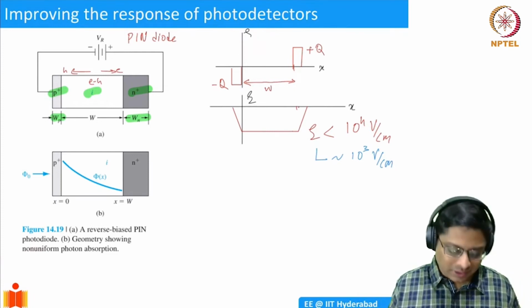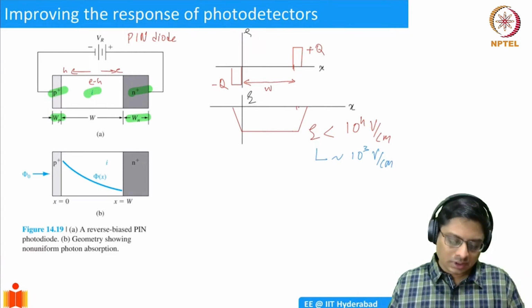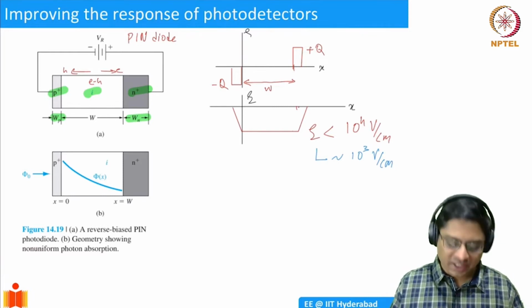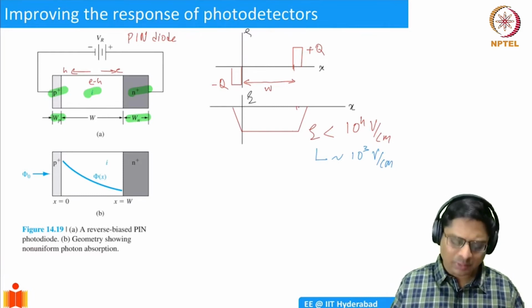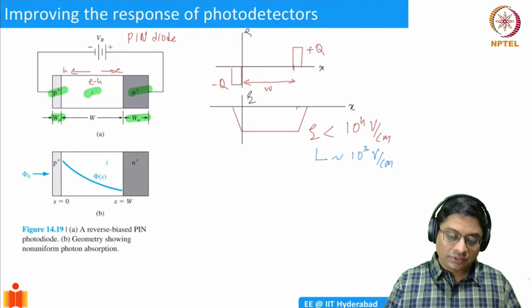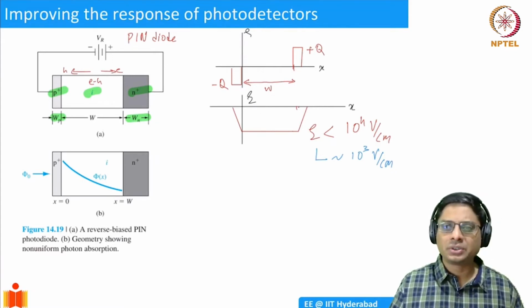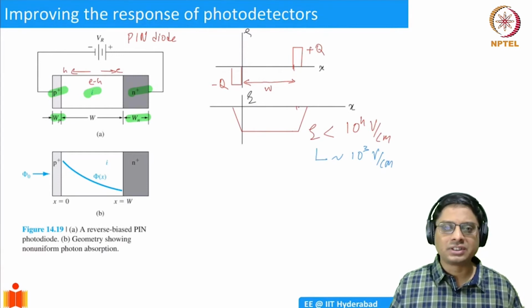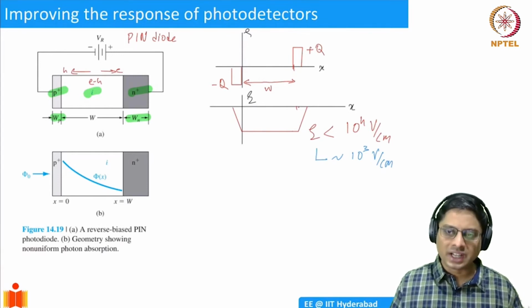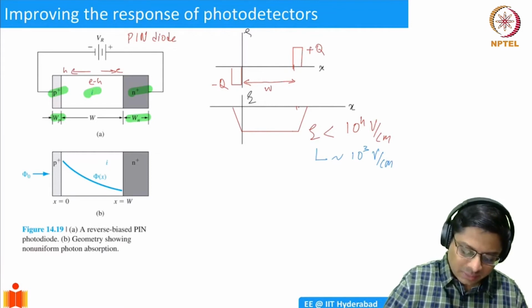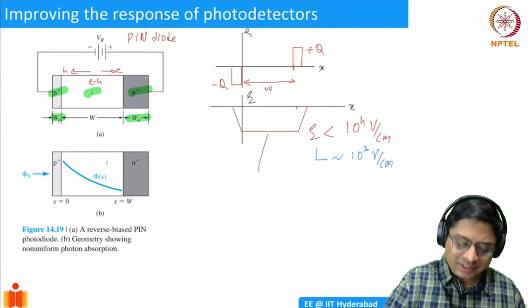So that is one advantage of a PIN diode compared to a PN diode. In the PN junction case, the width was limited to the depletion width, which is micrometers. Now, the width of the intrinsic region can be anything that I design.